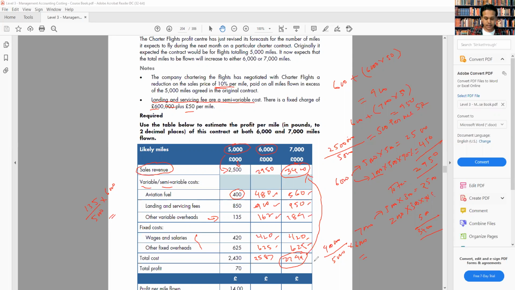That is 656. And for this one, 2950 is the sales. The total cost is 2587. So 2950 minus 2587 will give you the profit. That is 363.